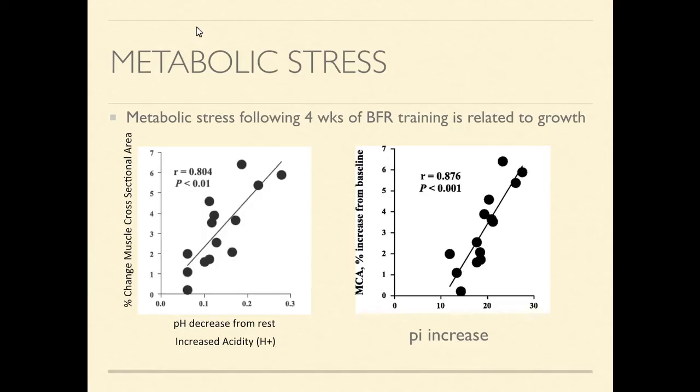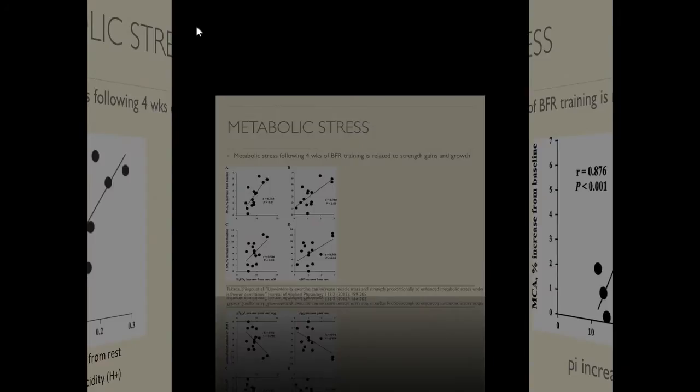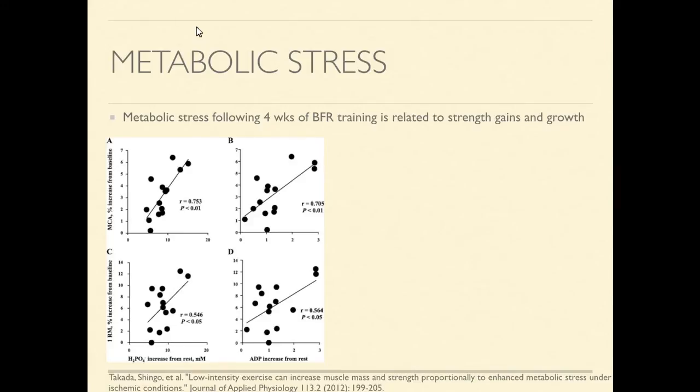We also see that when inorganic phosphate increases, on the graph to the right, that is predictive of growth as well. And an increase in ADP from rest is predictive of increase in myofiber size and 1RM strength, as well as other metabolites like H2PO4.